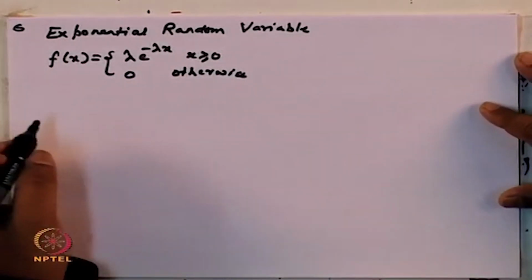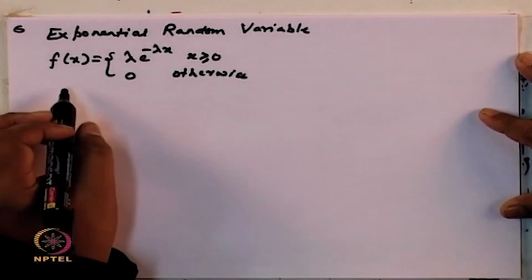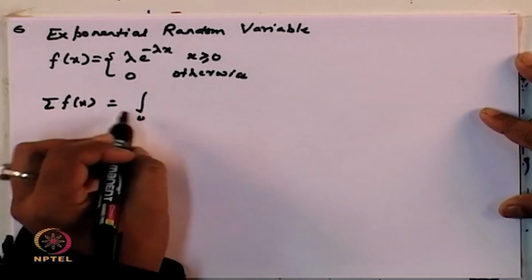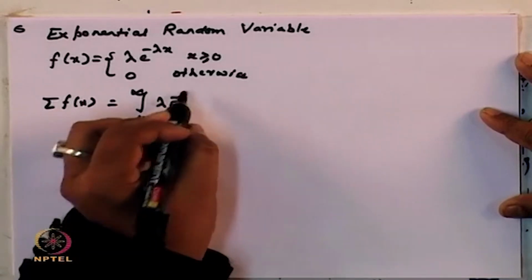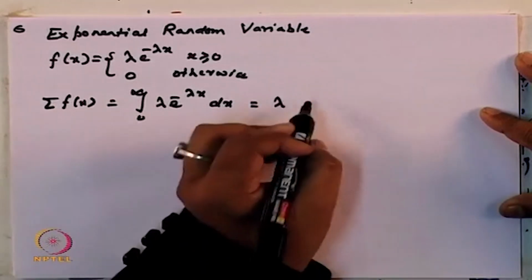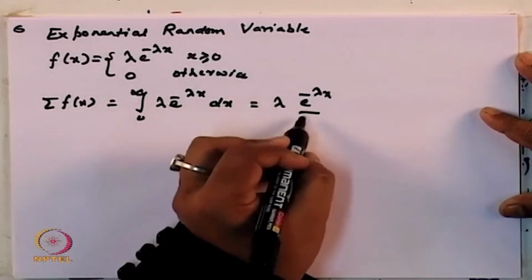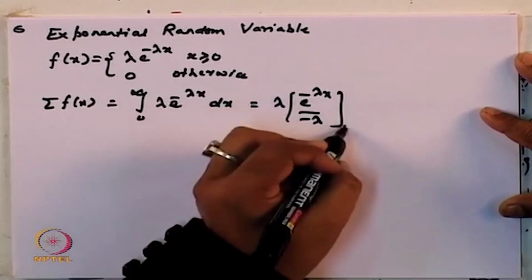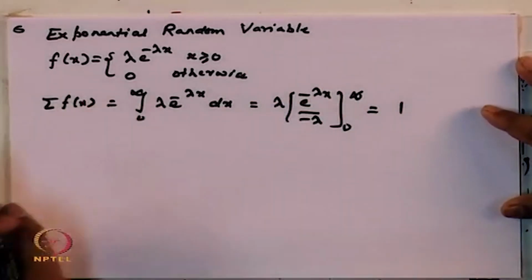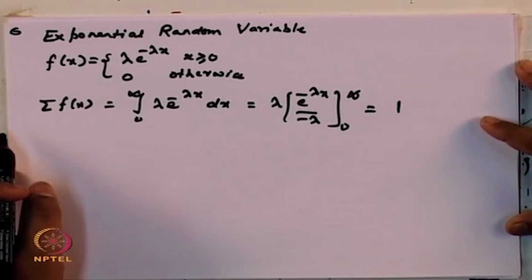Okay. So, I can check whether the summation of f(x) is 1: the integral from 0 to infinity of lambda e to the power minus lambda x dx. I can take lambda out, and it is e to the power minus lambda x by minus lambda between 0 and infinity, which is equal to 1. So, this fulfills the requirement that the sum of all probabilities is 1.